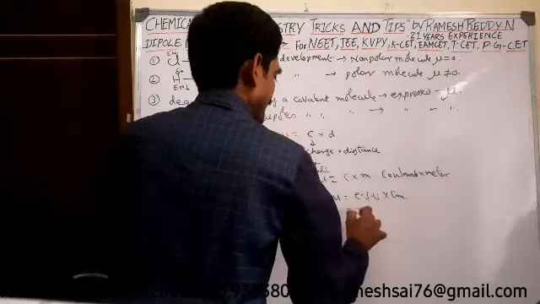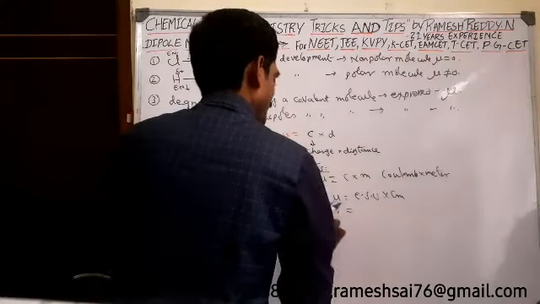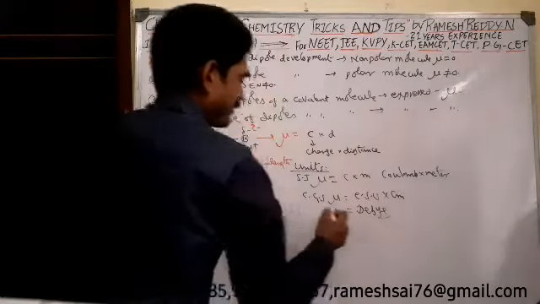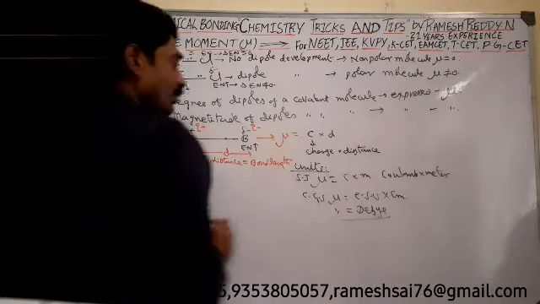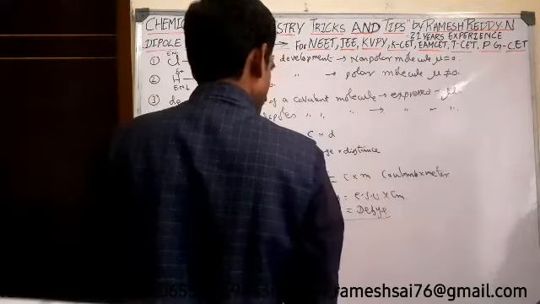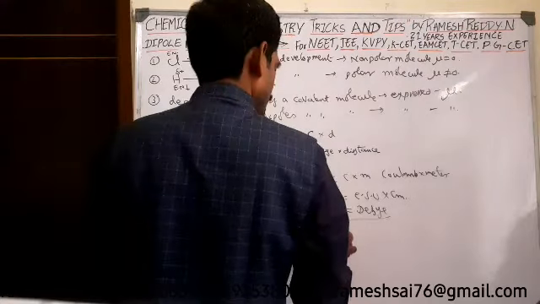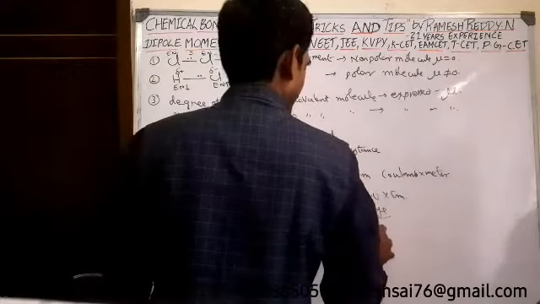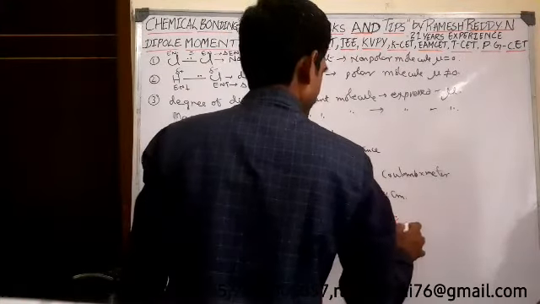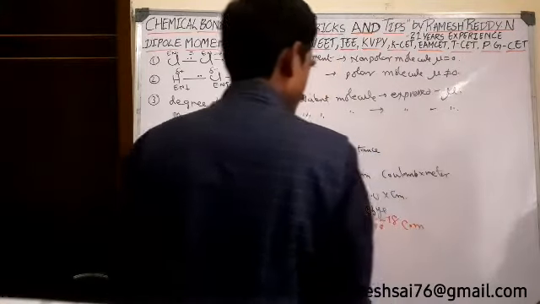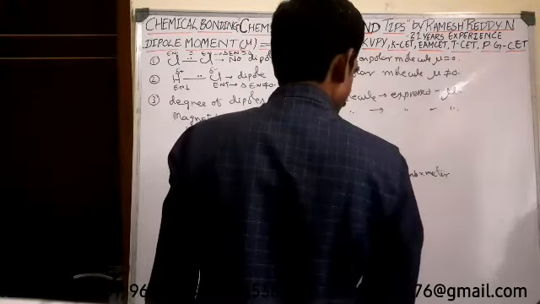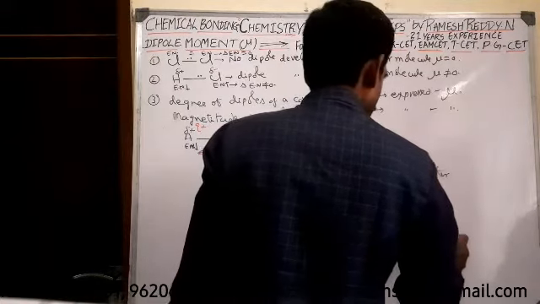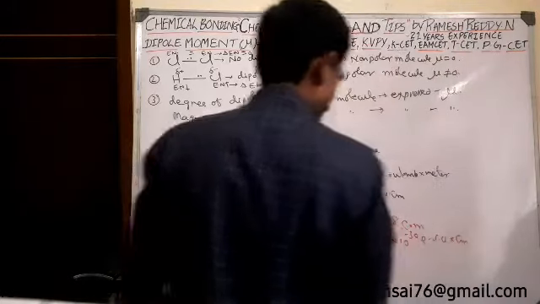One more unit is also there, the debye, D-E-B-Y. It is a familiar unit, right? One debye is equal to 1 into 10 power minus 18 ESU into centimeter, or 3.33 into 10 power minus 30 coulomb into meter.